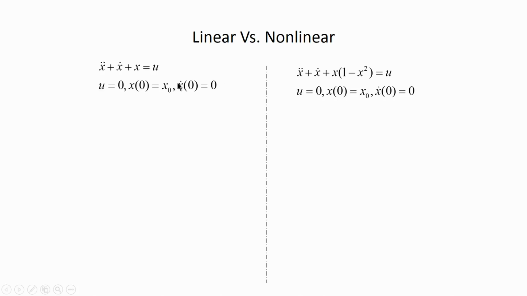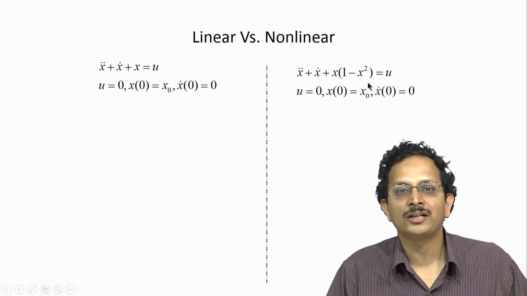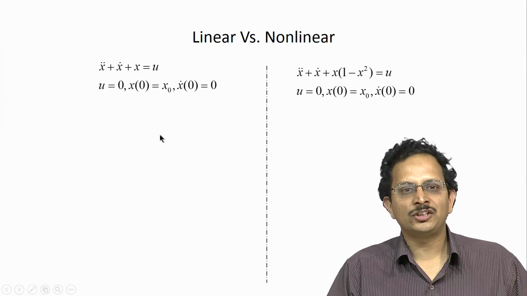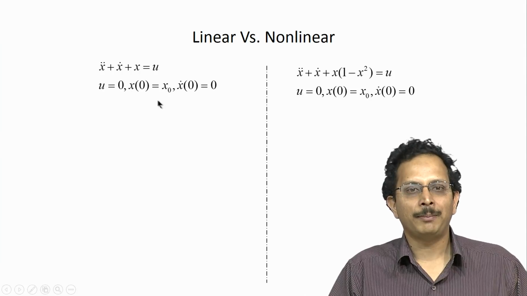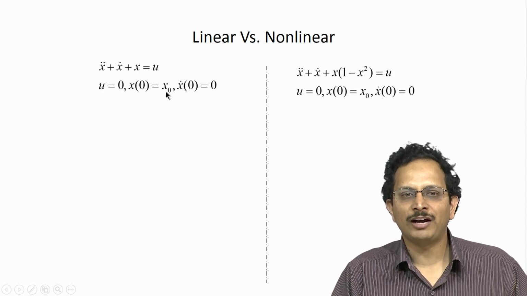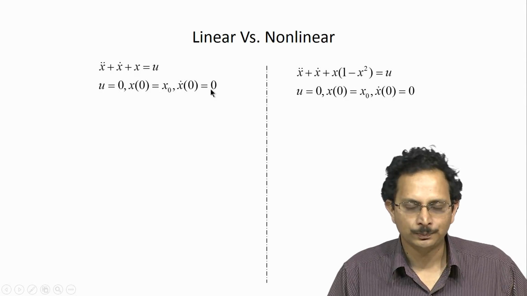On the left hand side I am looking at a linear system x double dot plus x is equal to u, and on the right hand side a nonlinear system x double dot plus x times 1 minus x square is equal to u. In the example that I would consider in this slide, I have set the input u to be equal to 0, but the initial condition x of 0 is assumed to be non-zero, some value x naught, while the velocity x dot of 0 is also set to 0.